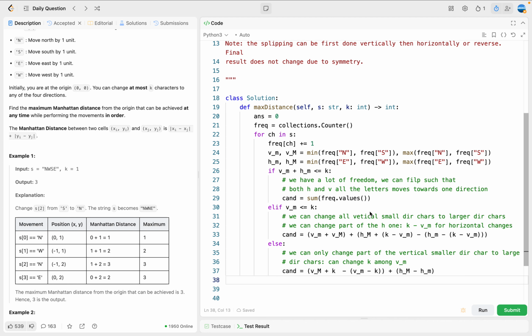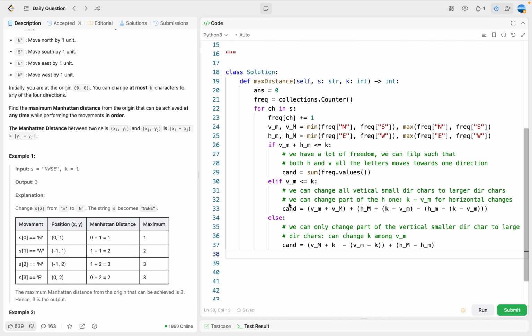So we get the candidate for each case. So now we update the answer to be max of answer and candidate. Then finally, after this for loop, we're going to return the final answer. So this will be the full code for this problem.